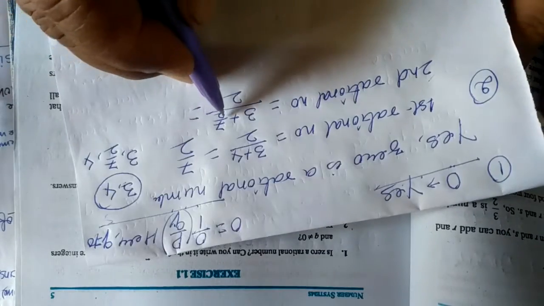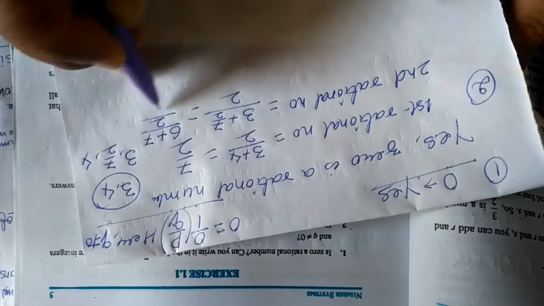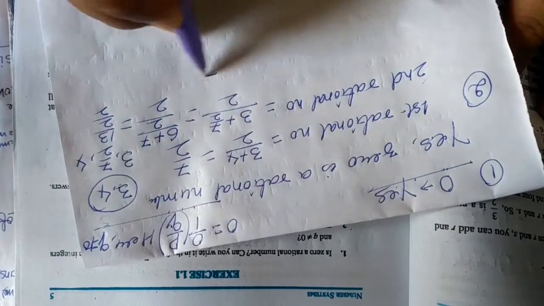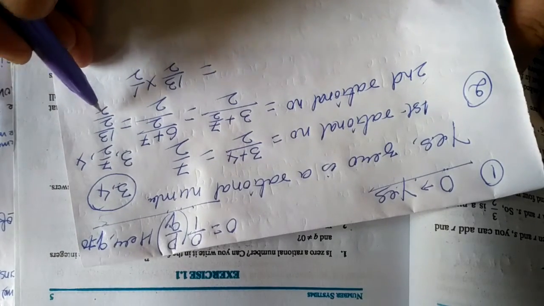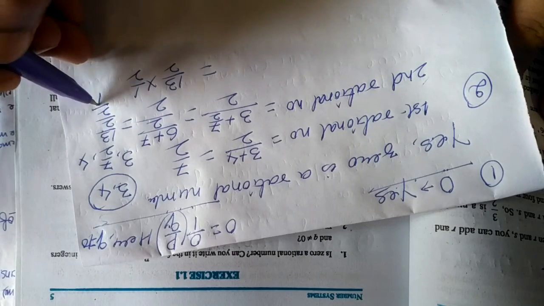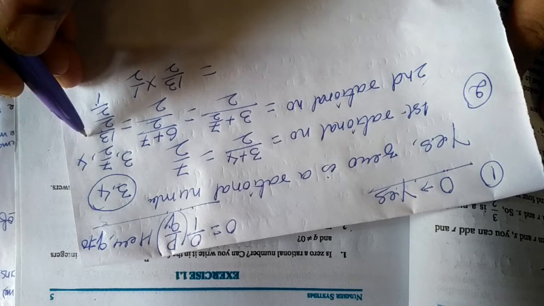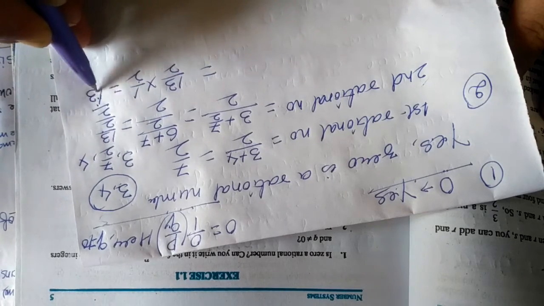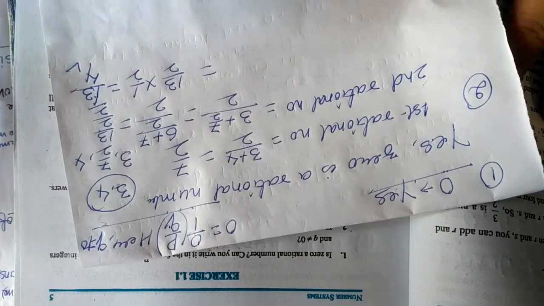If we add here, it will be 6 plus 7 by 2 divided by 2. It will be 13 by 2 divided by 2, and we will get 13 by 2 into 1 by 2. How does it happen? Because if there is a fraction and below it another fraction, the below fraction gets reciprocated. That is why I have written it in such a way, and our result is 13 by 4. So this will be the second rational number.